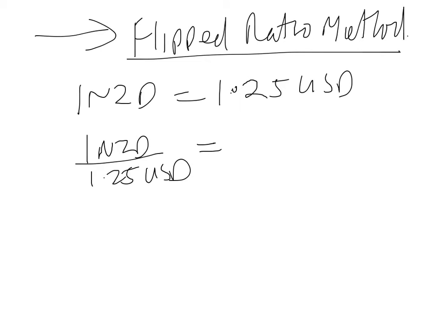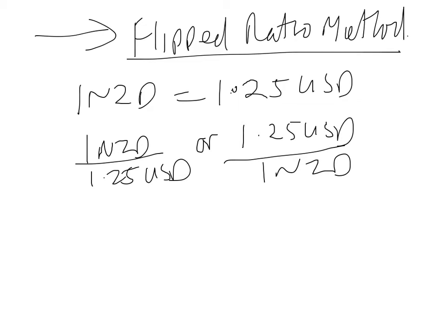Or we can write it the other way around: 1.25 US dollars over 1 New Zealand dollar.